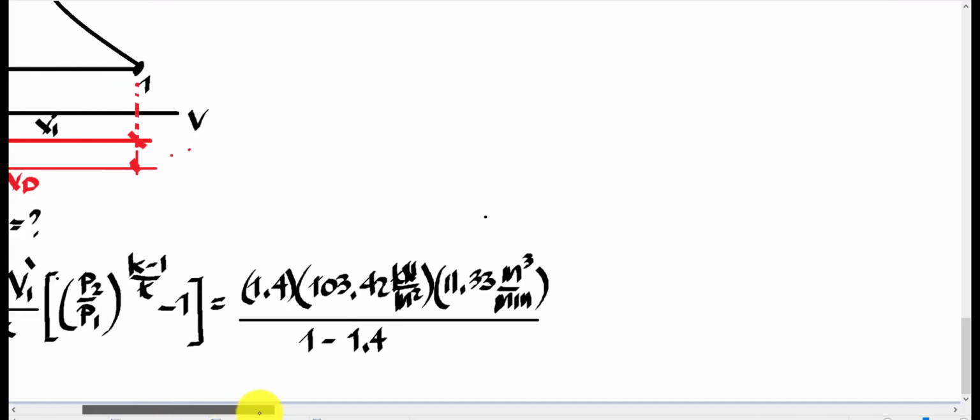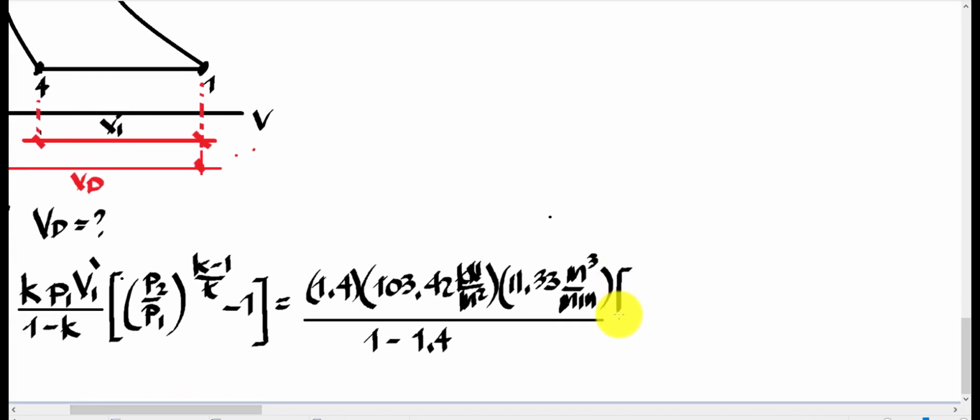We're going to multiply this by the ratio of pressure 2, which is 827.36, divided by 103.4.